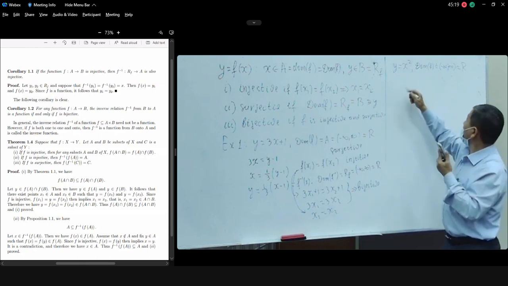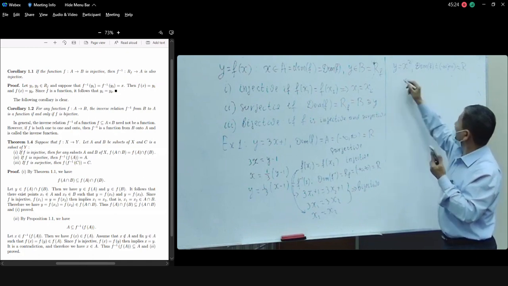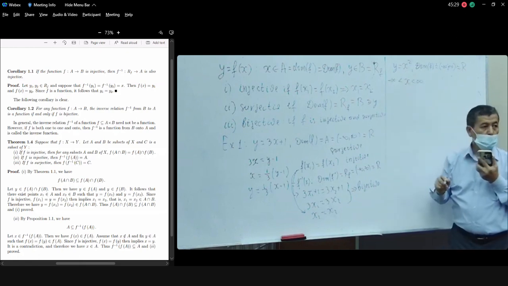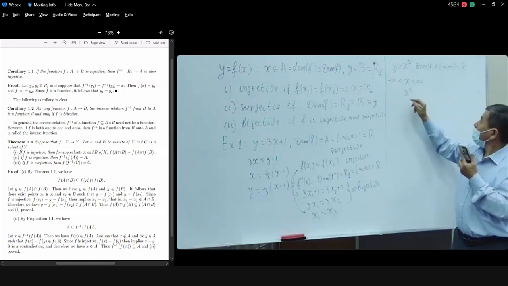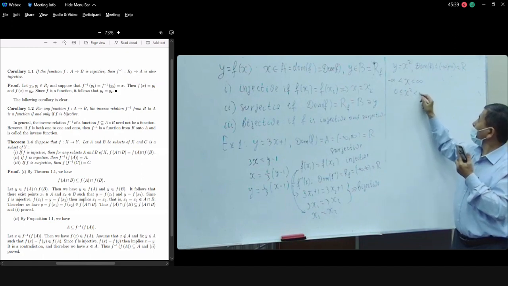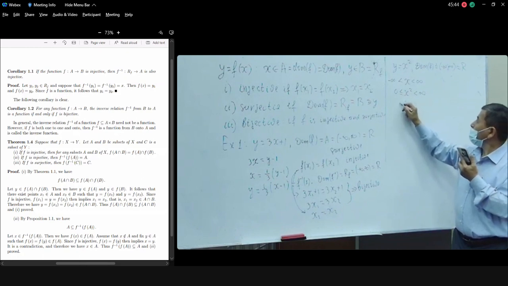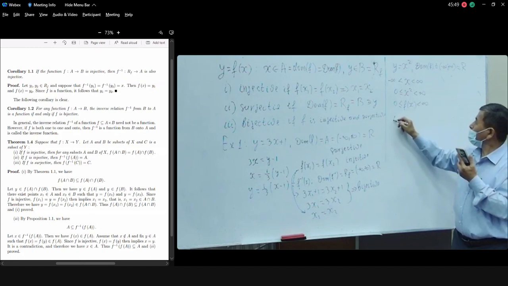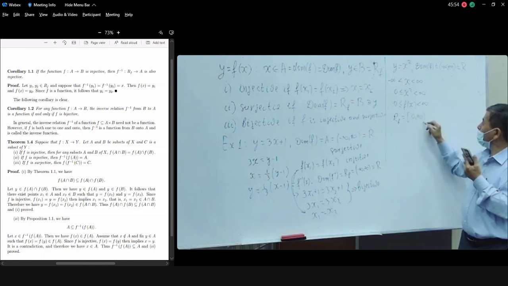How do I define it? If x belongs to minus infinity to plus infinity, x square lies from 0 to infinity. So this is f of x from 0 to infinity. So the range of f is from 0 to infinity.